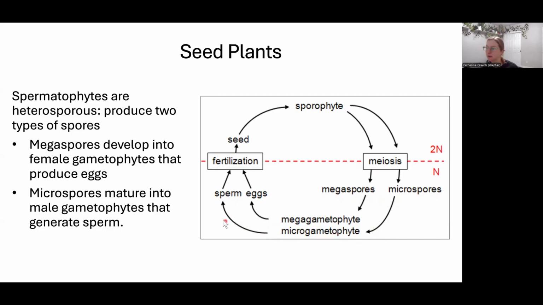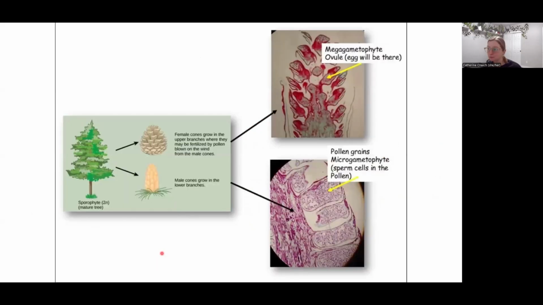So your microgametophyte will make sperm, your megagametophyte will make egg. These are haploid. They need to be haploid so that when fertilization occurs, you create a diploid zygote, which develops into an embryo. And in the seed plants, this is encased in a seed that will later germinate and grow into your sporophyte, and the process will start again.